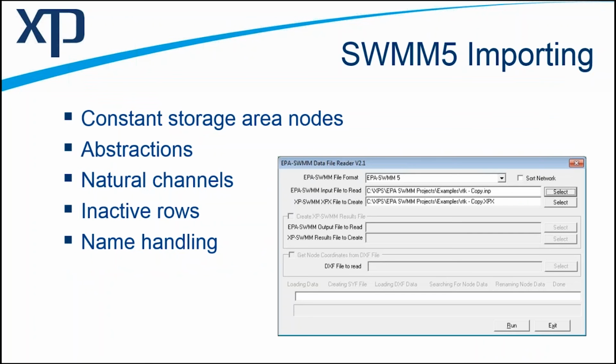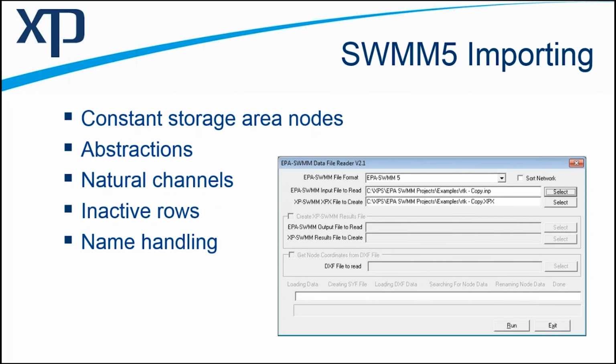Also, the default initial abstraction has been changed to handle the import better. Importing natural channels is a much easier and more robust process. And if you have inactive rows, we handle that better. And then, of course, name handling, which goes part and parcel with what Tony talked about with having longer names. There's more detail on that in the changes.txt file, but that's kind of the highlights there.